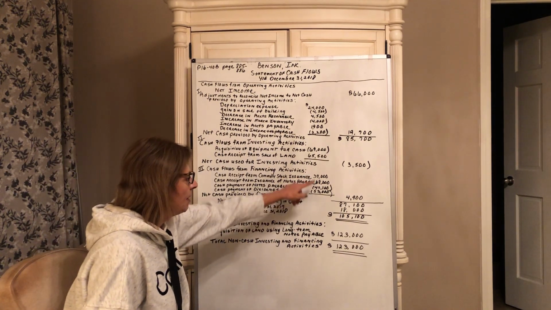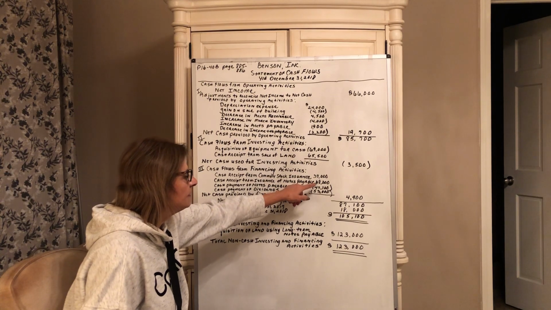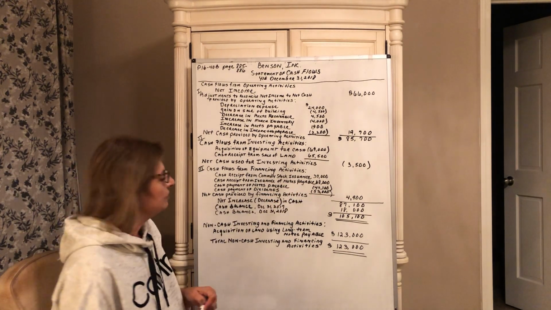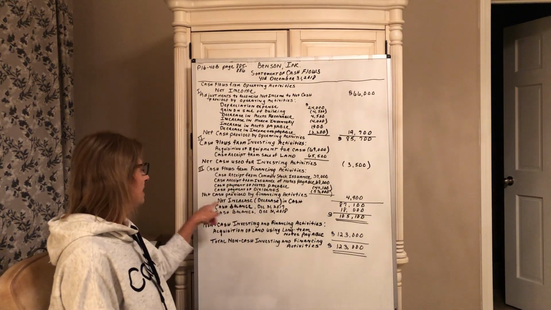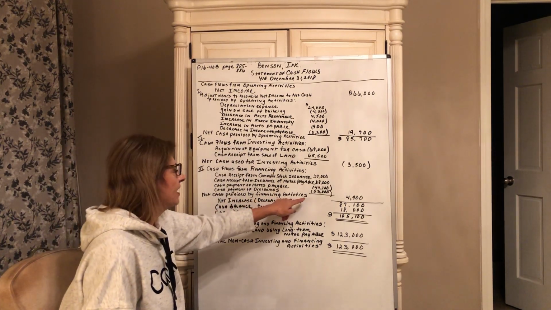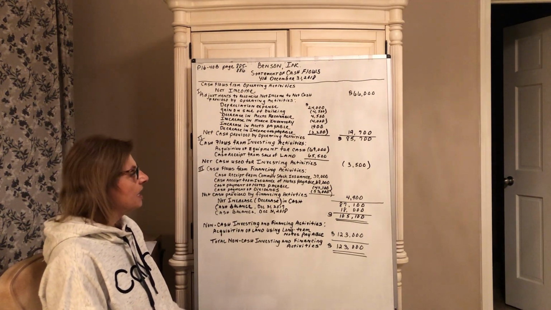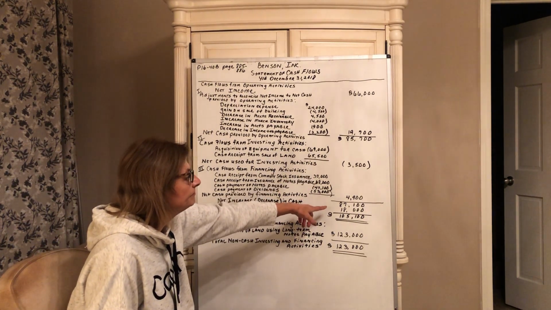So now we're going to put our positive 37, positive 68, and the 2 negatives, 47,100 and 53,000. We have a positive. Net cash provided from financing activities, $4,900. Put them all together, right?